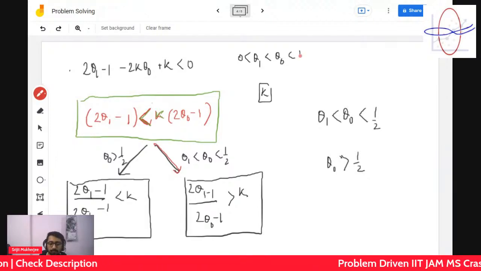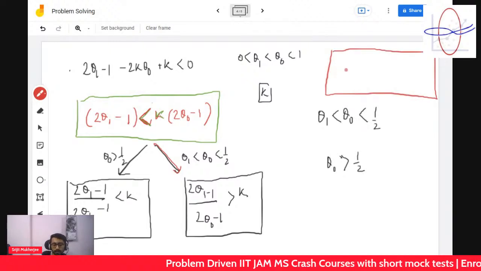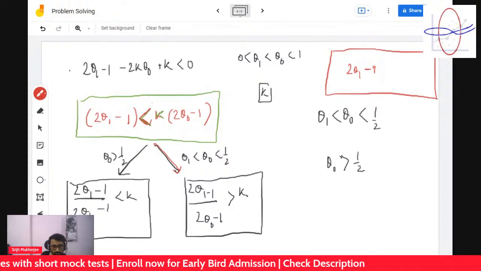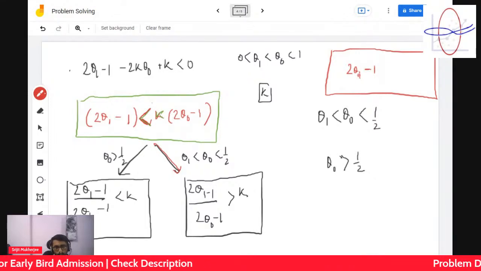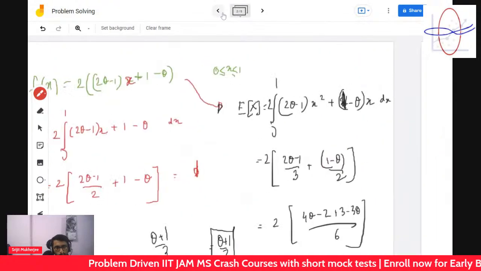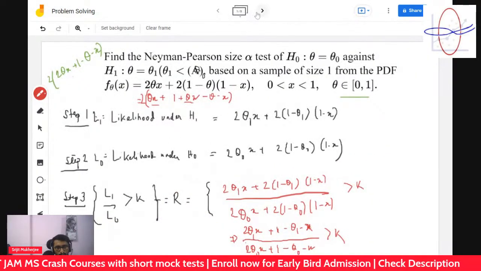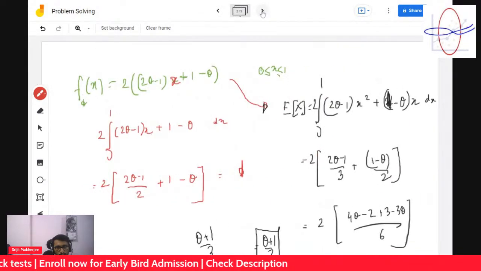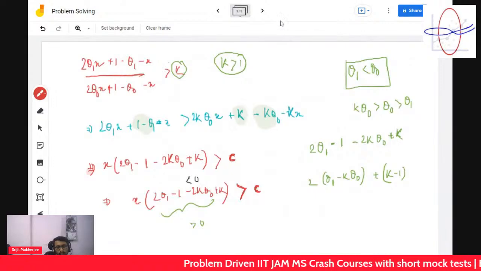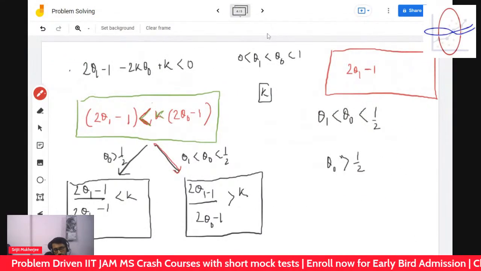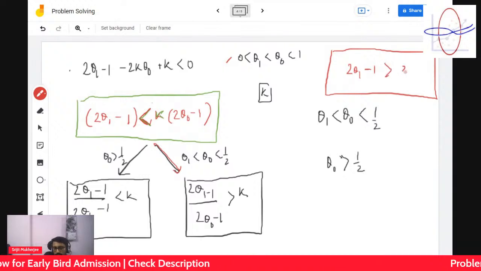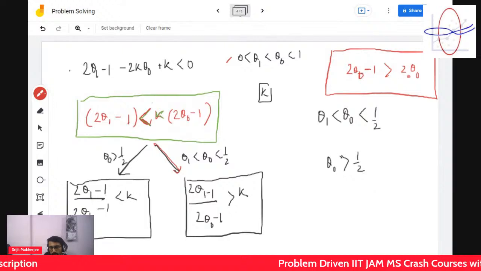Okay, tell me this thing. Two theta 1, okay, what if I tell you this is always greater than this, right?